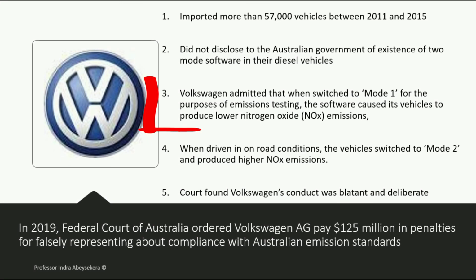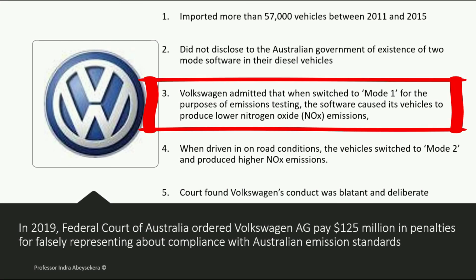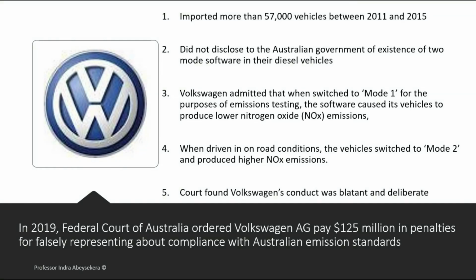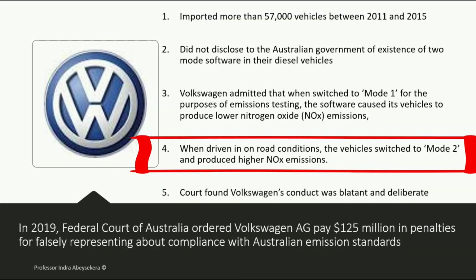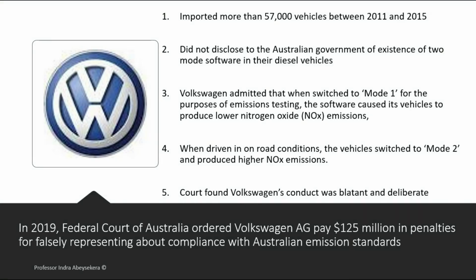Volkswagen admitted that when switched to Mode 1 software for the purpose of emissions testing, the software caused its vehicles to produce lower nitrogen oxide emissions. When driven on road, the vehicle switched to Mode 2 software and produced higher nitrogen oxide emissions.